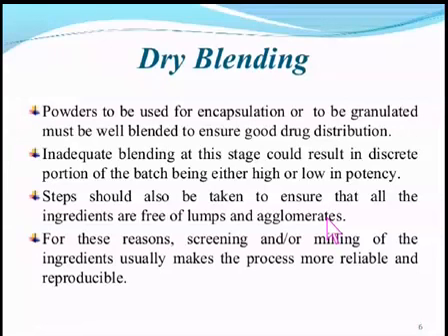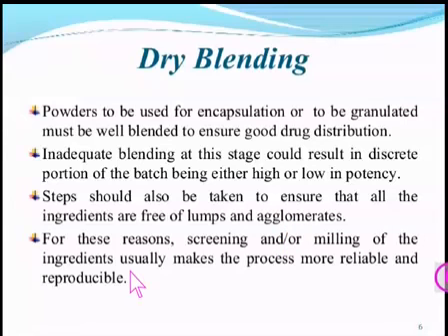For dry blending, it is a must that all the powders have a similar particle size distribution, and if one of the ingredients has lumps or agglomerates, care must be taken to ensure that those lumps are broken and agglomerates are not allowed to form.